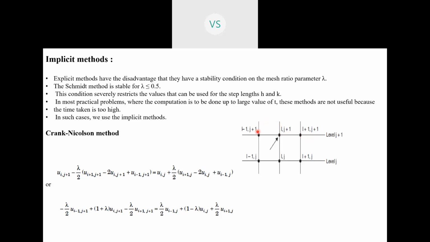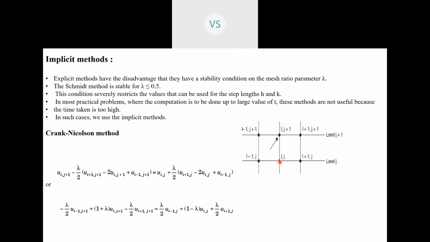Okay, so the left part is covered. Now we'll write the right part. When you write the right part, on the right side of the equal sign, you have to consider the previous level.